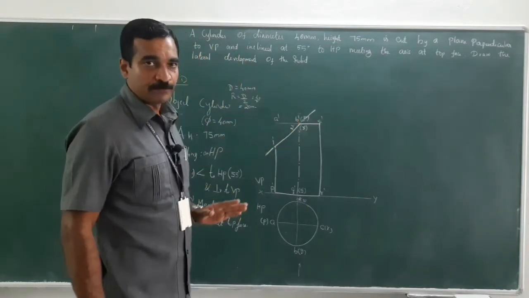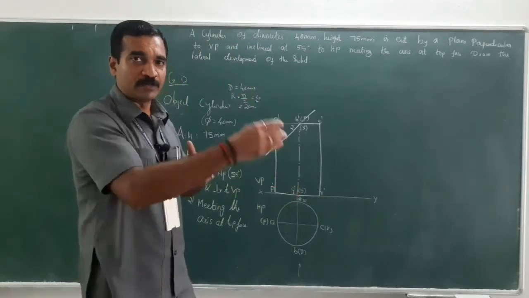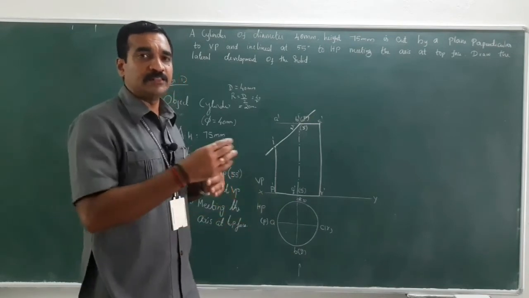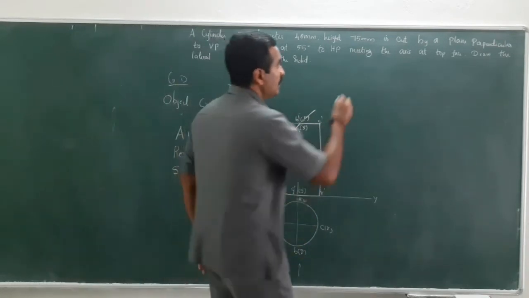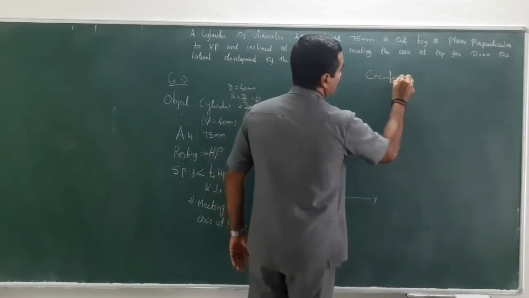So what would be the length of the lateral surface? The development of lateral surface could be the circumference length of the circle, right? What is the formula?